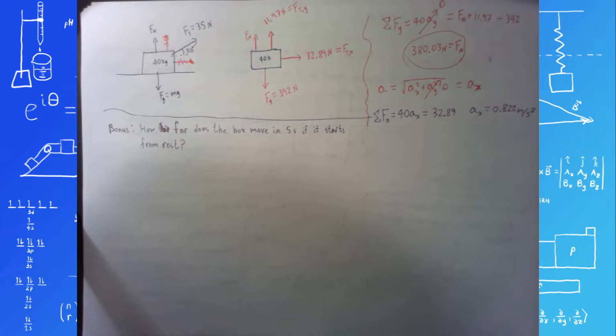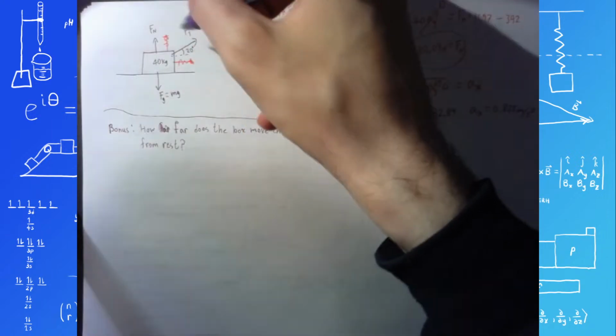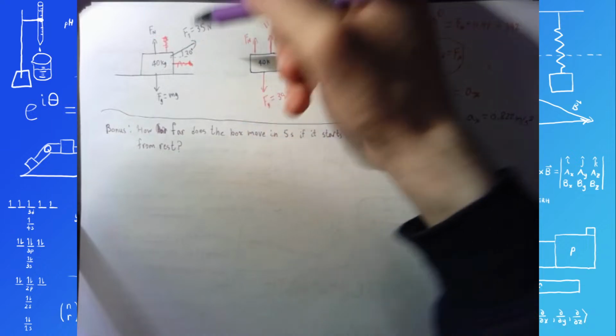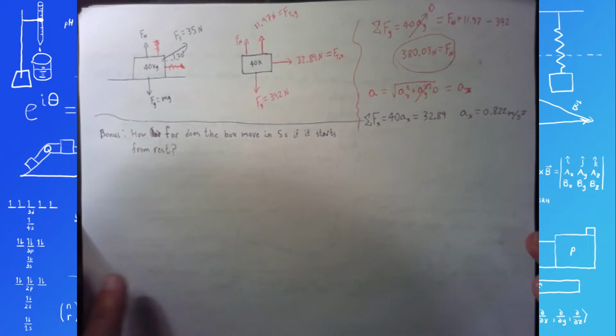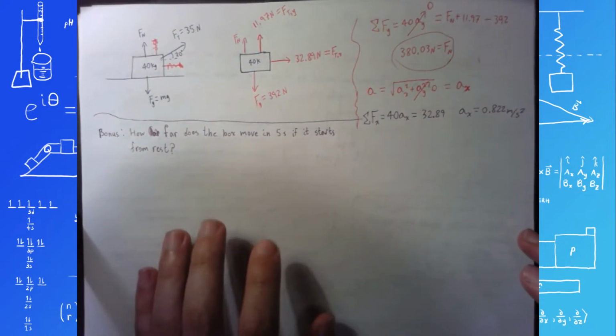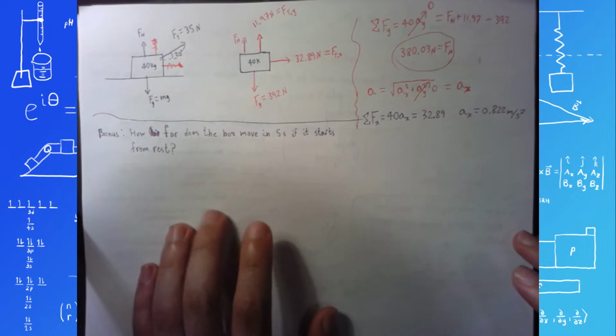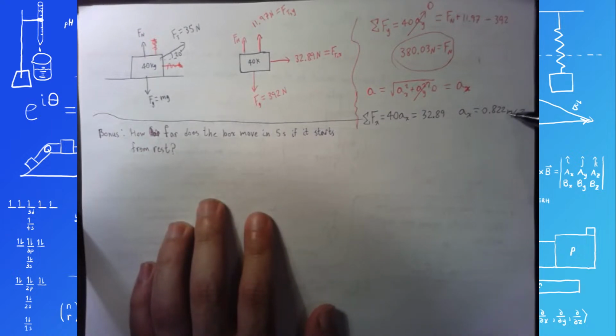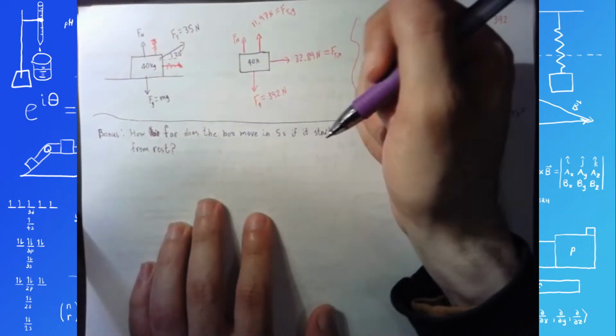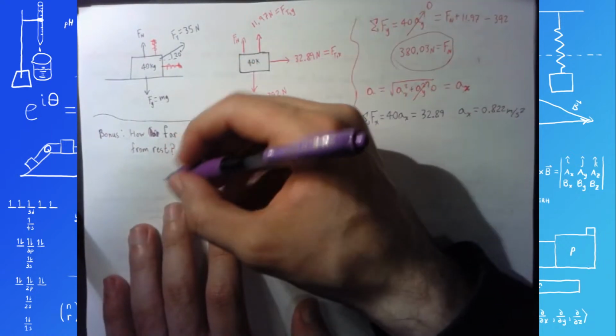So easier said than done, but assuming that the force is maintained, assuming that this magnitude and this angle of force are by some miracle maintained for 5 seconds so that the acceleration doesn't change, how far does the box move in 5 seconds if it starts from rest?